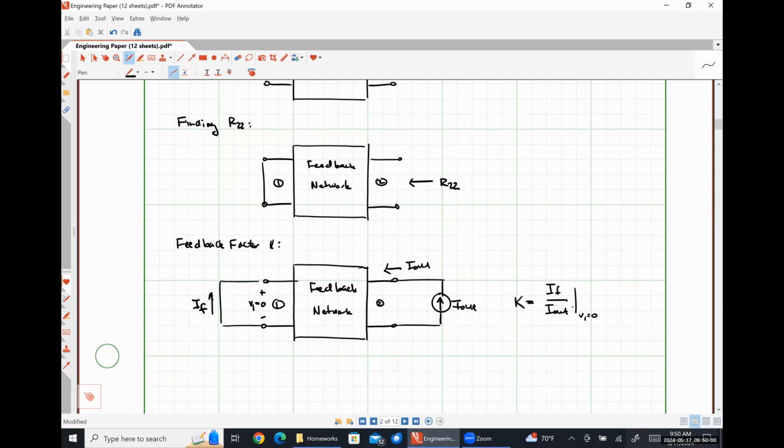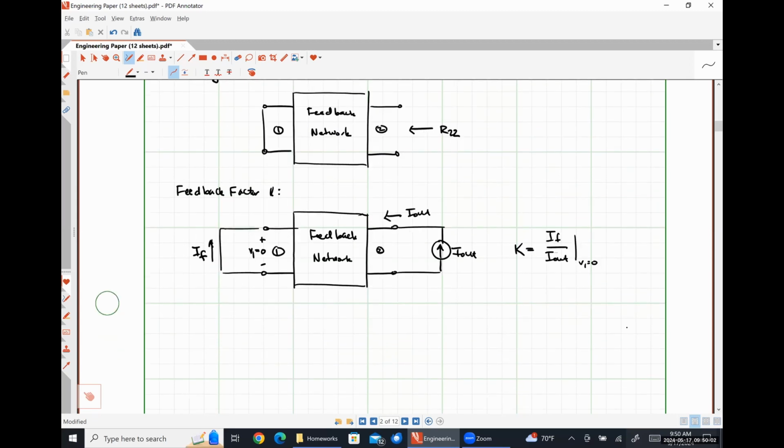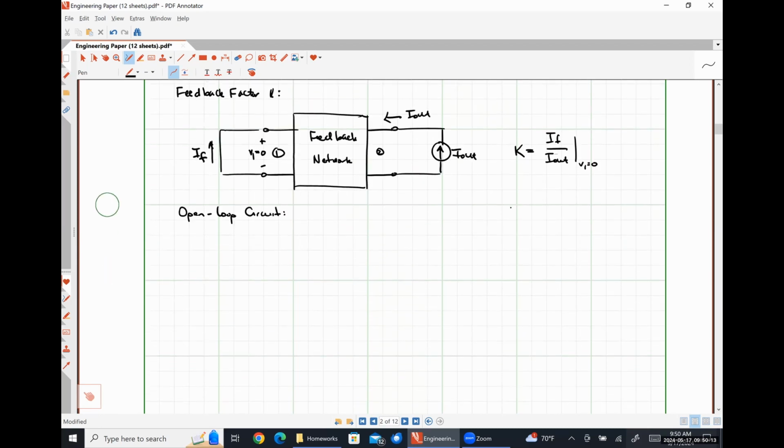So from this, our new open loop circuit is effectively going to look like this. So here is our open loop amplifier.